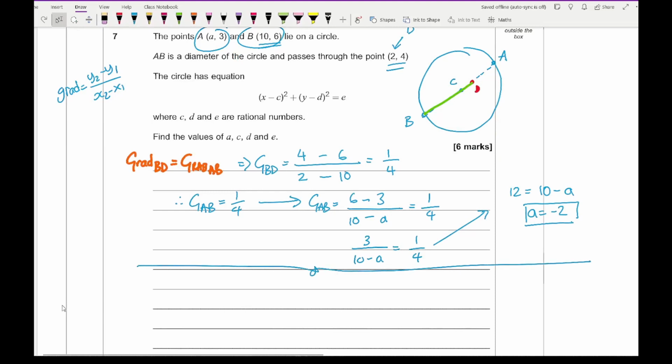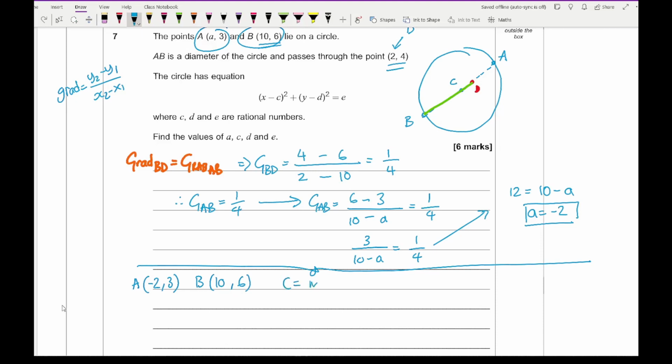So then knowing that A equals minus 2, and let me just put a little line to show from this, what we've then got is that A is minus 2, 3. We know that B is 10, 6, and so from this we can then work out what C is.